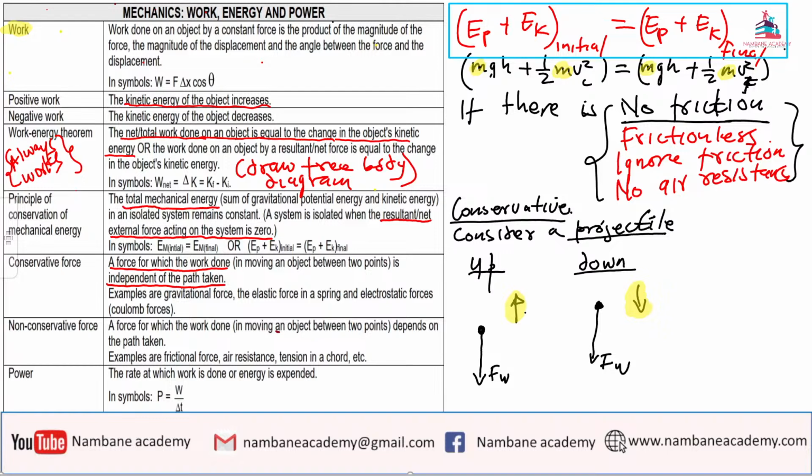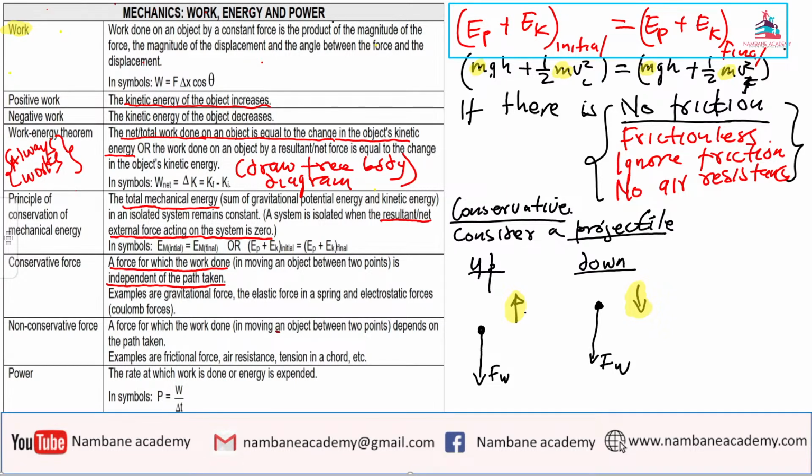We usually get confused to say, what does this independent path basically mean? It says it is not relying on any form of the path taken. A projectile, because it's what we did in term one, we were asked in an exam, what is the direction of Fw or Fg? It is always downwards. Whether the projectile was moving up or moving down, Fw is always downwards.